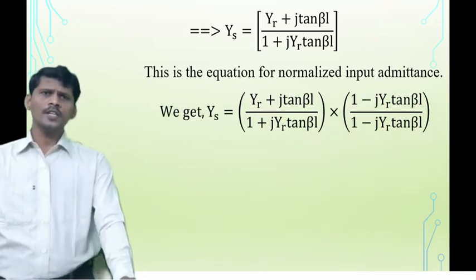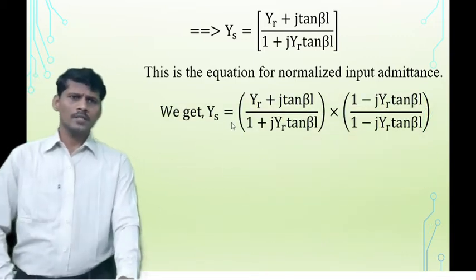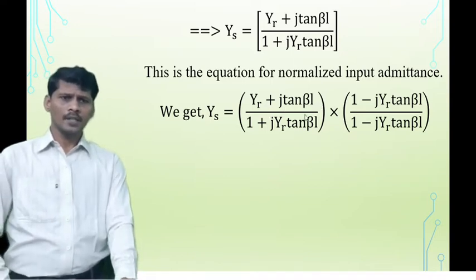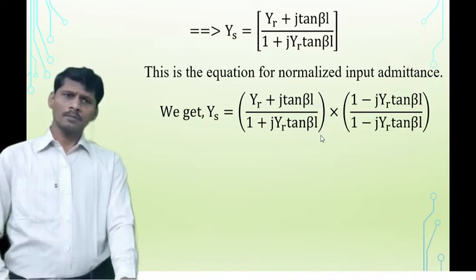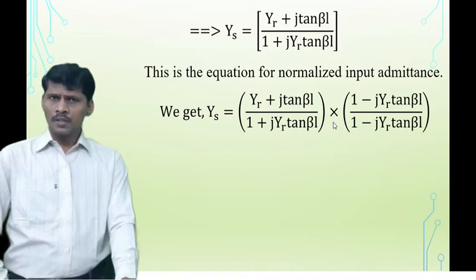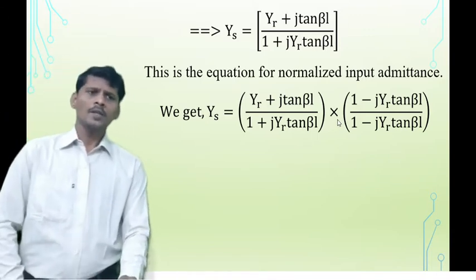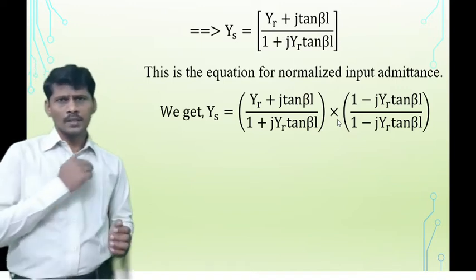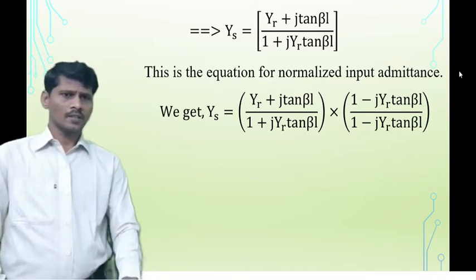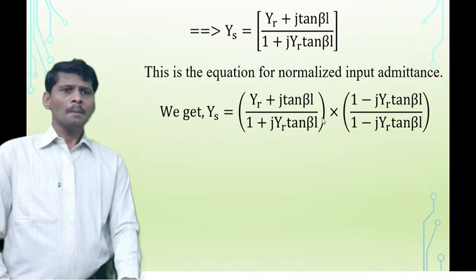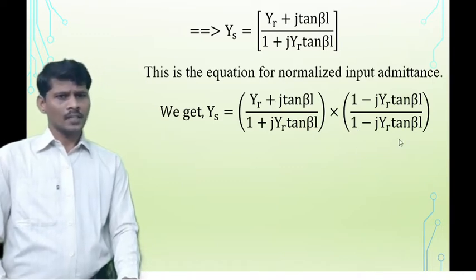So using rationalization, ys is equal to (yr plus j tan beta l) by (1 plus j yr tan beta l). Multiplying the numerator and denominator by (1 minus j yr tan beta l), we get this expression.